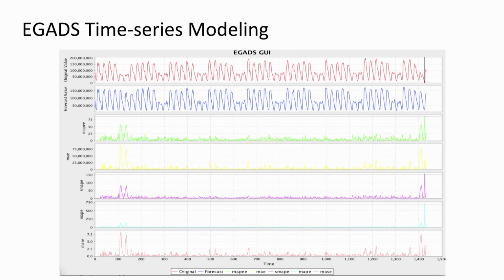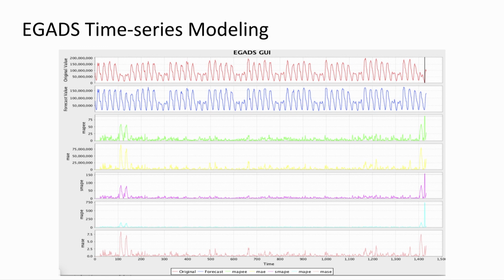Then we parse this time series using the time series parser and give it to EGADS. This is the pictorial representation of what happens inside EGADS. The first graph is the actual time series that we get from Druid, and the second graph is the predicted time series, modeled by the time series model in EGADS.